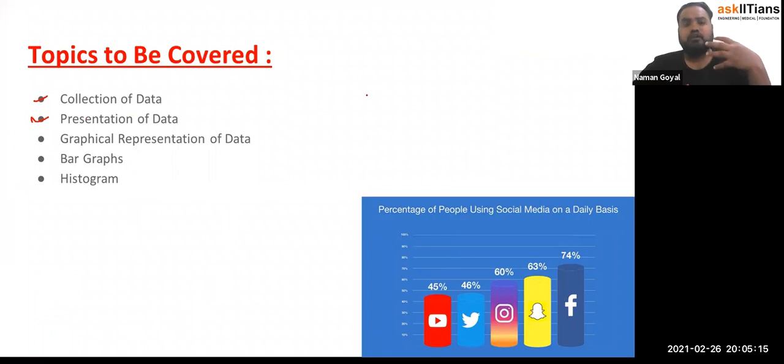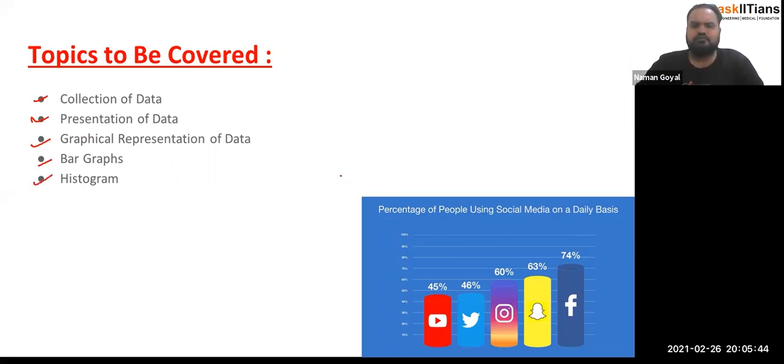There are many types of presentation. You can present the data in tabular form, means in table form, or in graphical representation. The next topic is graphical representation of data, which has many types. One is bar graph and another one is histogram.